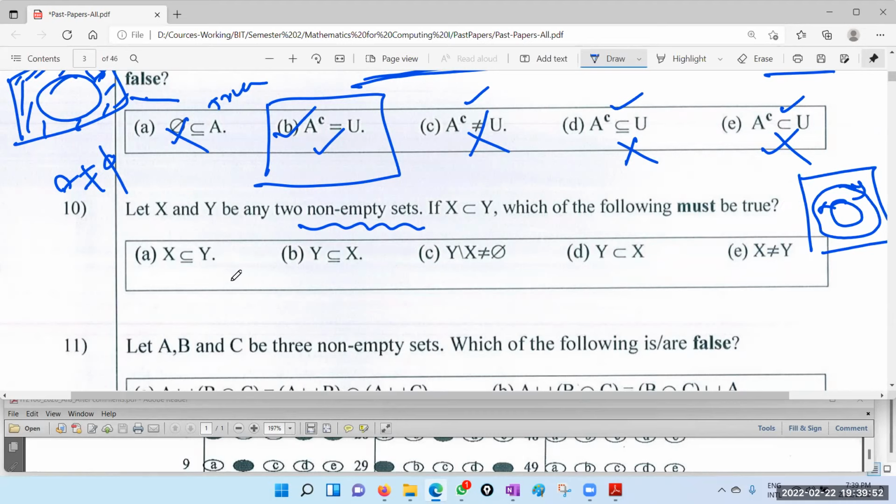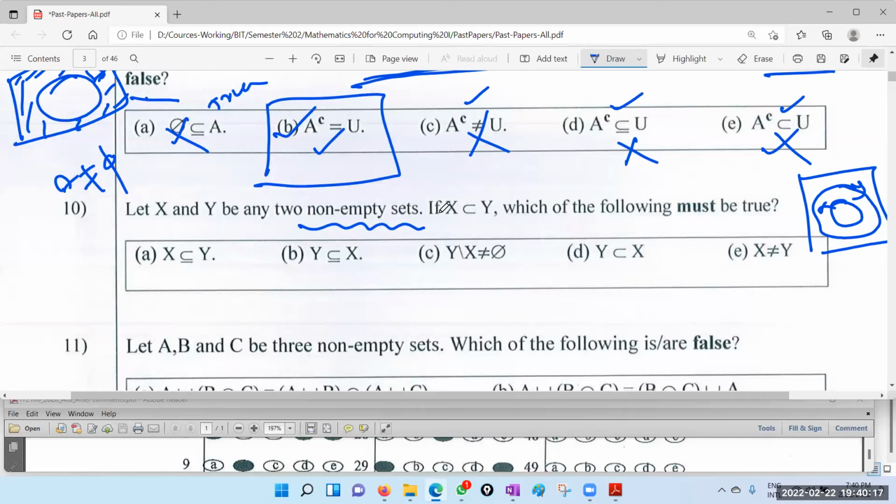X is a subset of y. Obviously, when x is a proper subset of y, we can always say x is a subset of y. Because this is a more general statement, and it covers this statement as well.